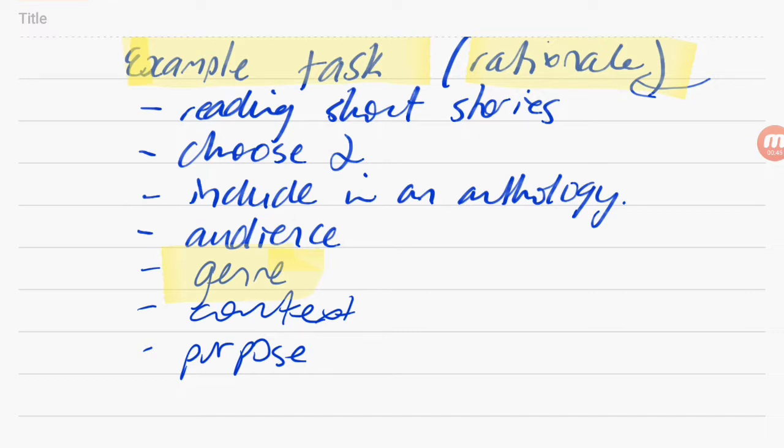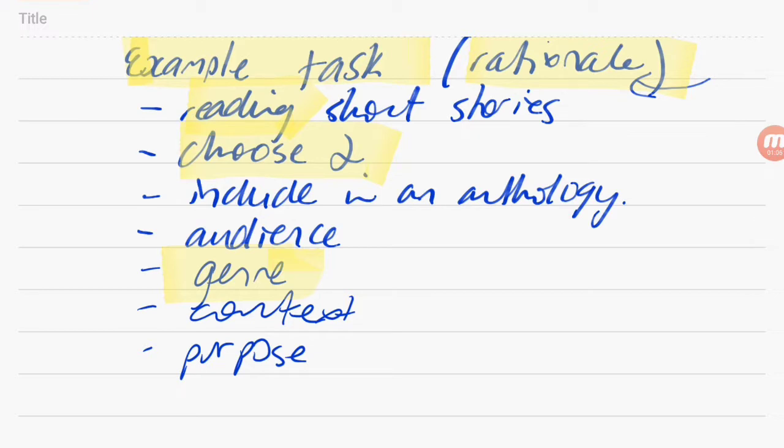Well, we're going to be reading a whole range of short stories. What they have to do is, from that range, select. So they're going to be reading lots of short stories, and they're going to choose 2, most likely with a theme.